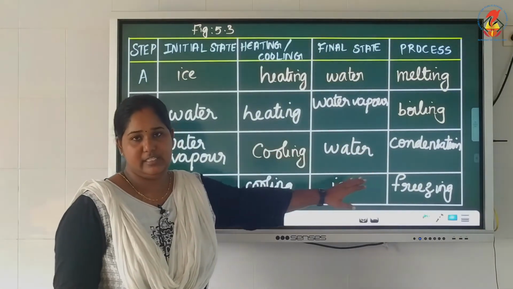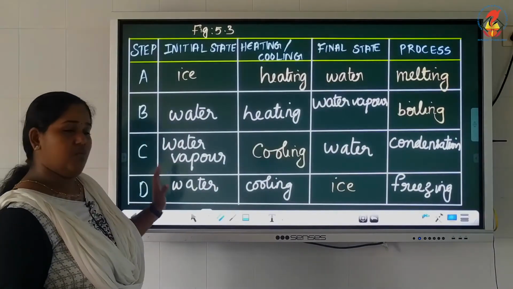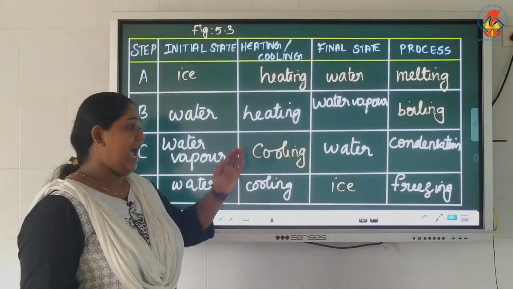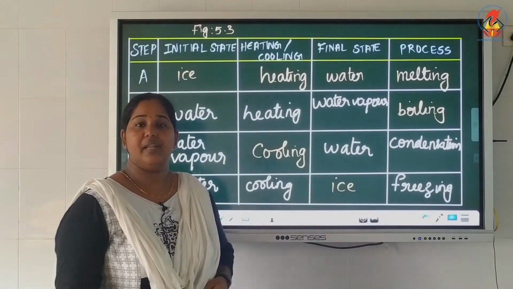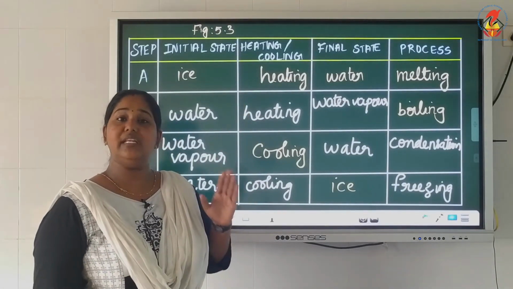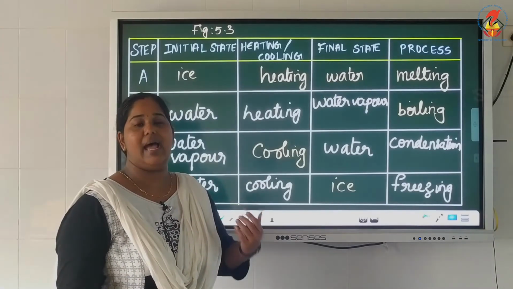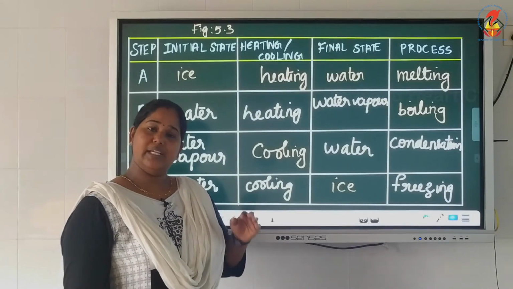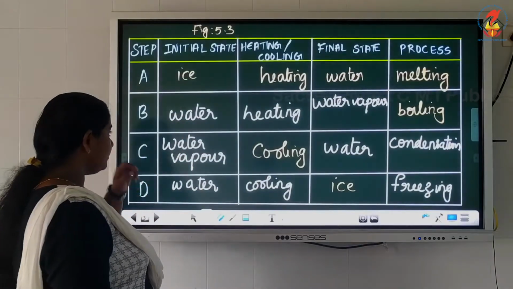Process is called condensation. And last one, water is cooled into ice or frozen into ice, and that process is called freezing. So these are the processes involved in interchanging of one state of matter into another. Is it clear?